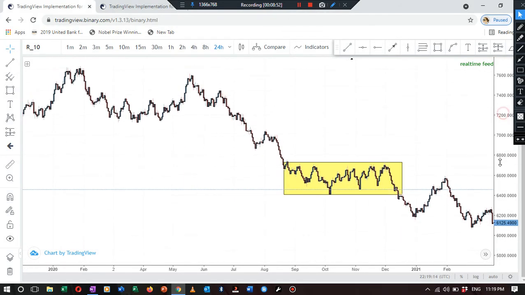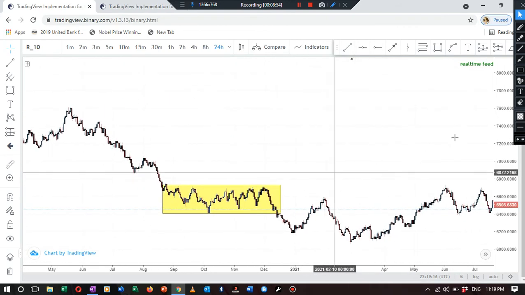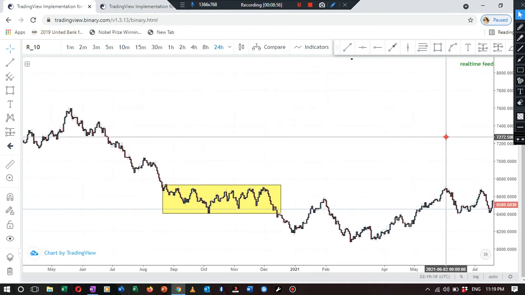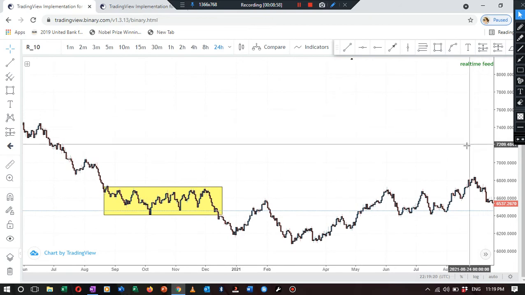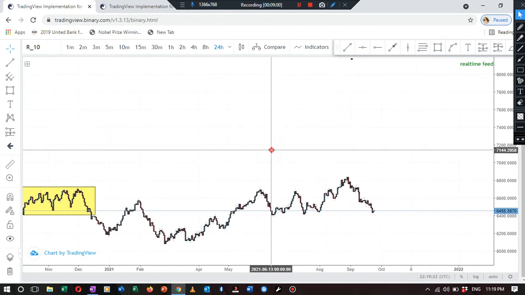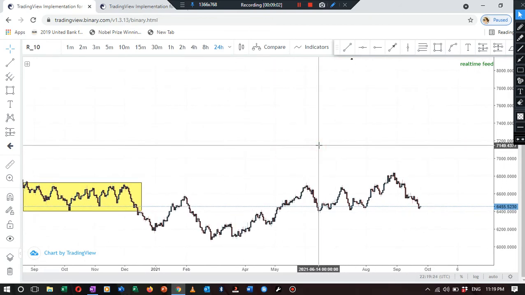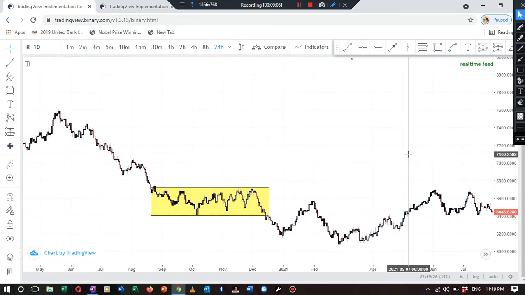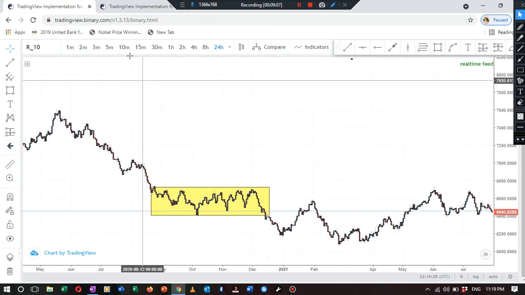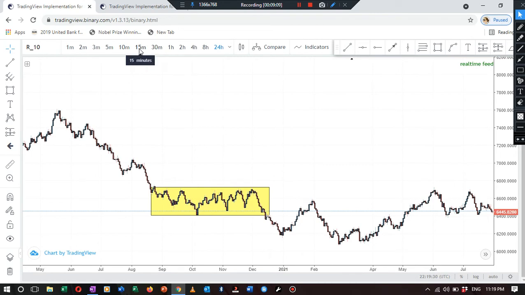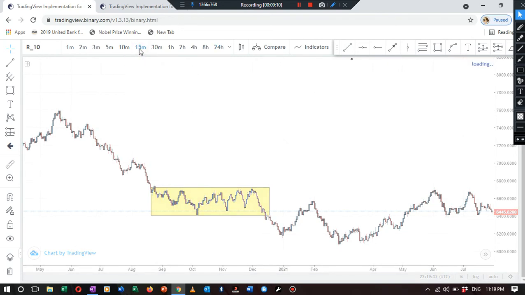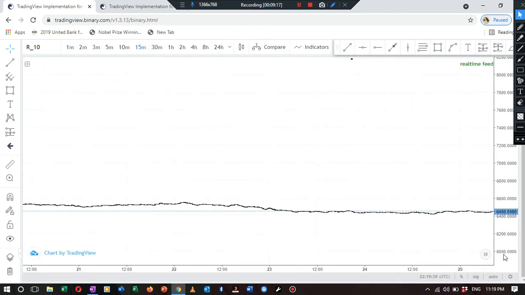Now, since a pullback is a temporary trend, it might, especially if the market is ranging on a higher time frame, like let's just say daily. Let me try and see if I can take it down to maybe M30 or M15.